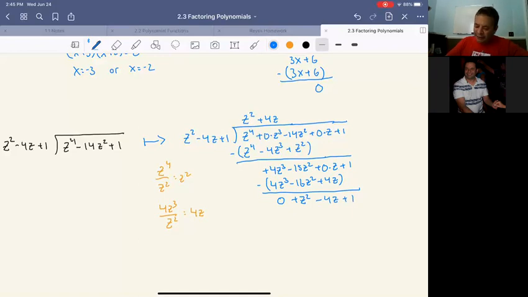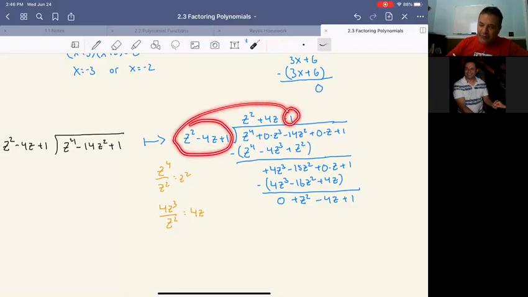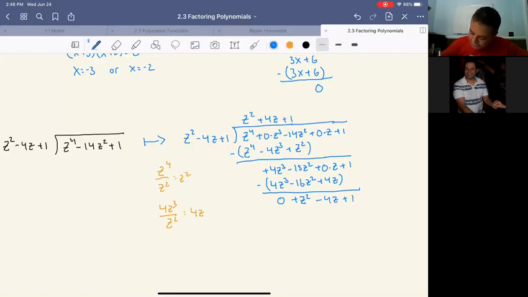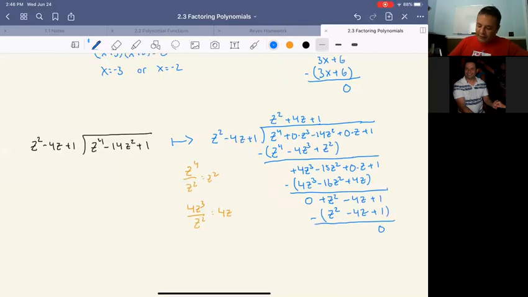Now look. How many times does this z squared go into that z squared? 1. It's the same thing, so we're going to be done on this one. Plus 1, multiplying this on there, we're going to have z squared minus 4z plus 1, parentheses and subtract, and we get a remainder of 0.